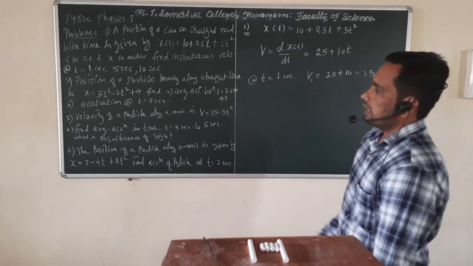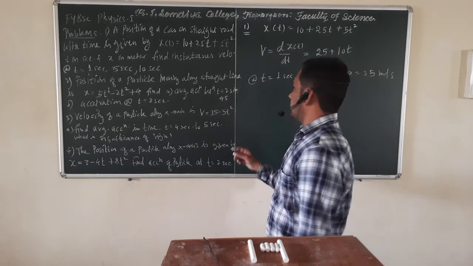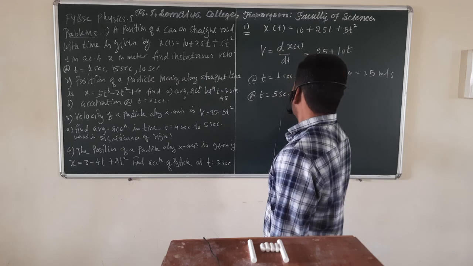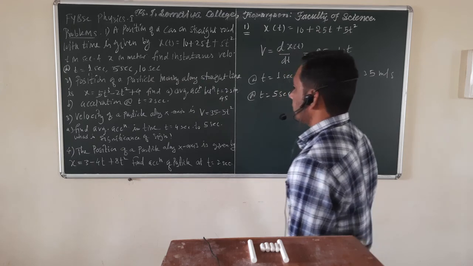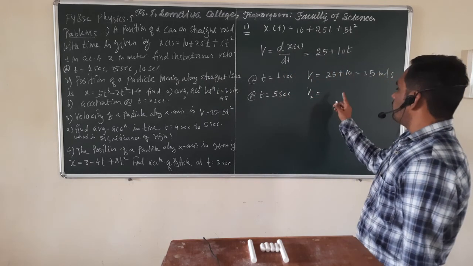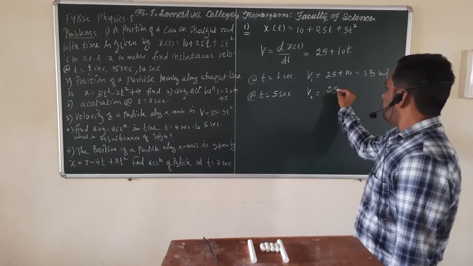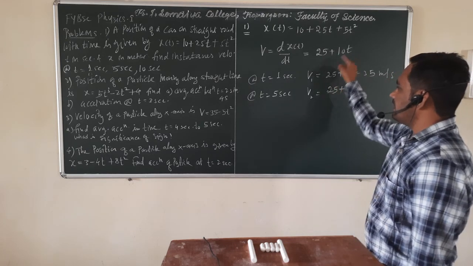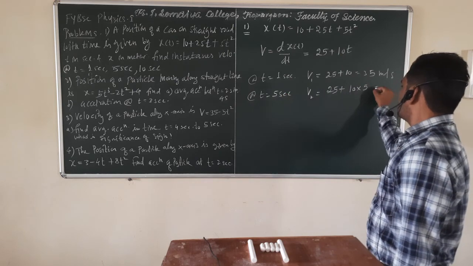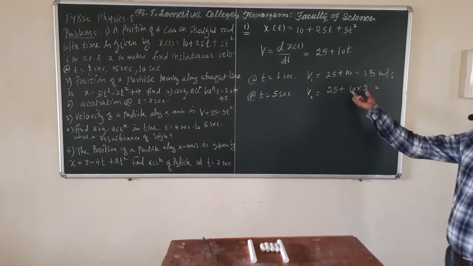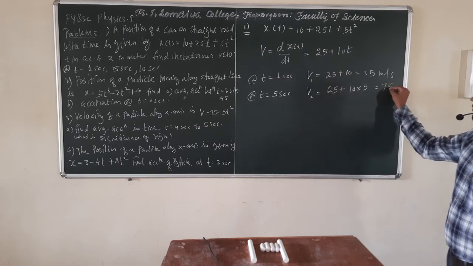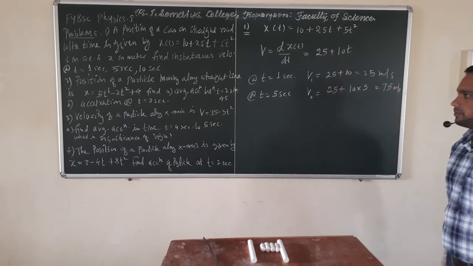Now next, at time t equal to 5 seconds, here I can write the velocity as v2, which is equal to 25 plus 10 multiplied by t, which is 5. So 10 into 5 is 50 plus 25, which is 75 meter per second.